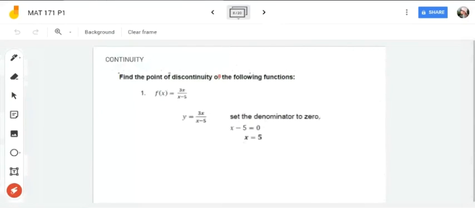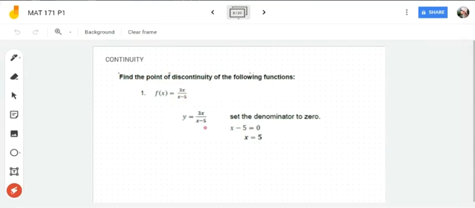For the topic of continuity, we will be finding the discontinuity instead. Assuming that the equation was proved to be discontinuous, right now we will be finding the point of discontinuity of the following function. In order to get the point of discontinuity of a function, you simply need to equate your denominator to 0.